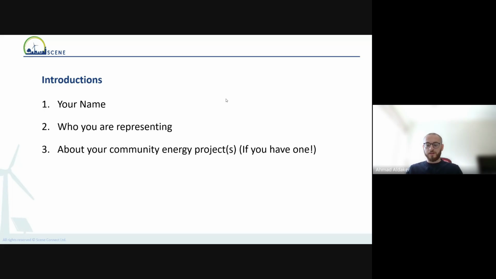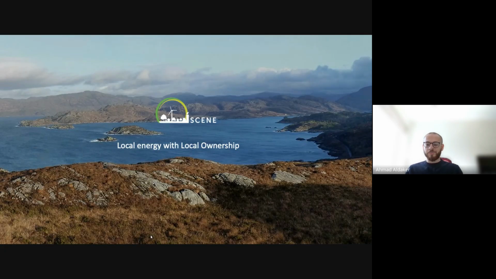It's good to see everyone, old and new faces. So a little bit about us before we begin. We are community and local energy specialists. Our main work is in the community energy sector, and we work to deliver energy and low carbon projects that are community led, owned, and managed.